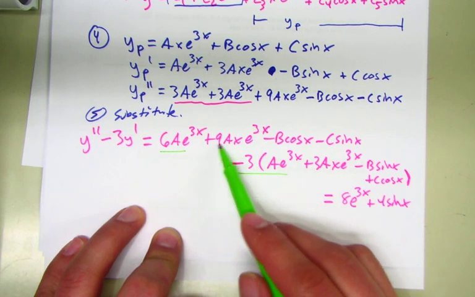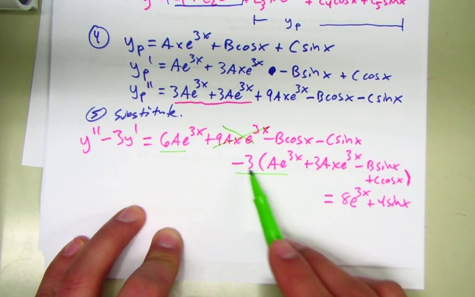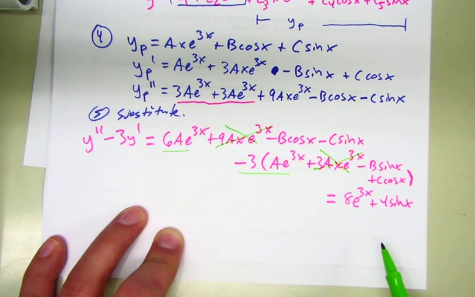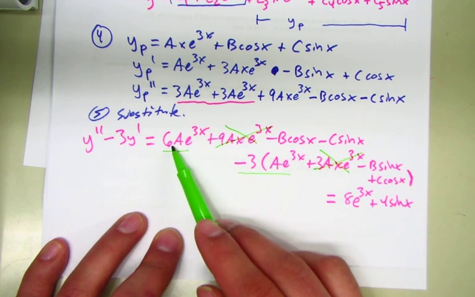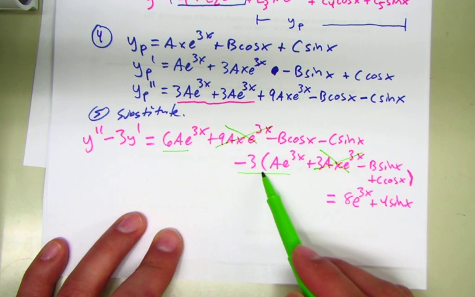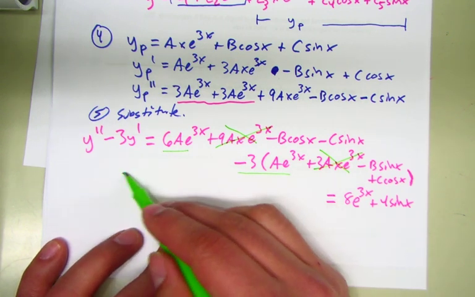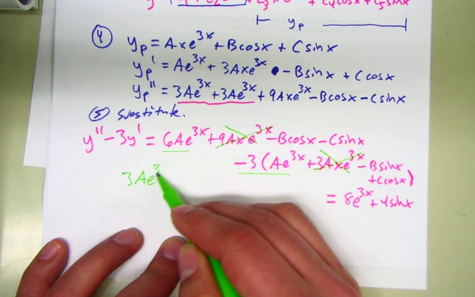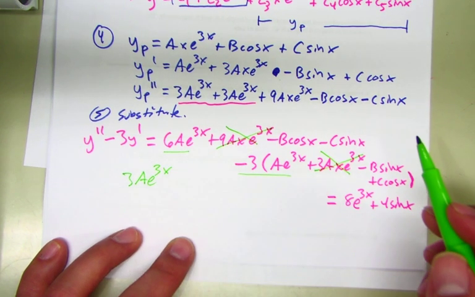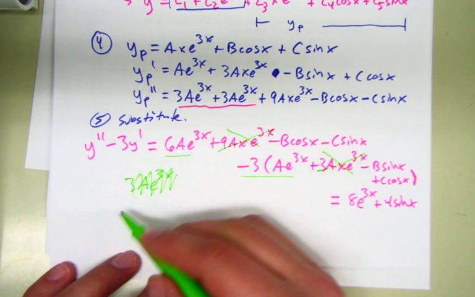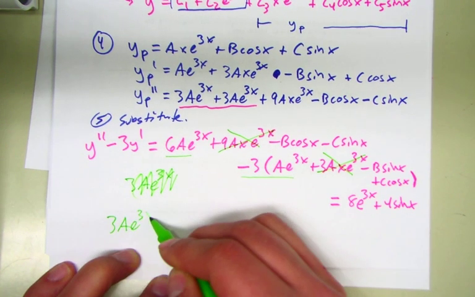Positive 9ax e to the 3x, and if you distribute this negative 3, that'll cancel out this term here. So the only exponentials we got are 6a e to the 3x and negative 3a e to the 3x. So that is going to be 3a e to the 3x.